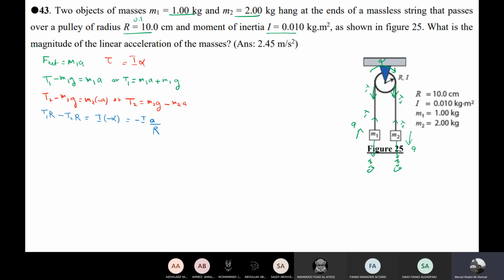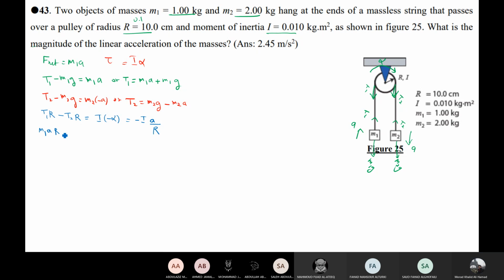Now we are looking for the acceleration. I will substitute instead of T1 its value, and instead of T2 its value. So instead of T1 we will have M1A plus M1G, multiplied by R, so I will bring in R directly.